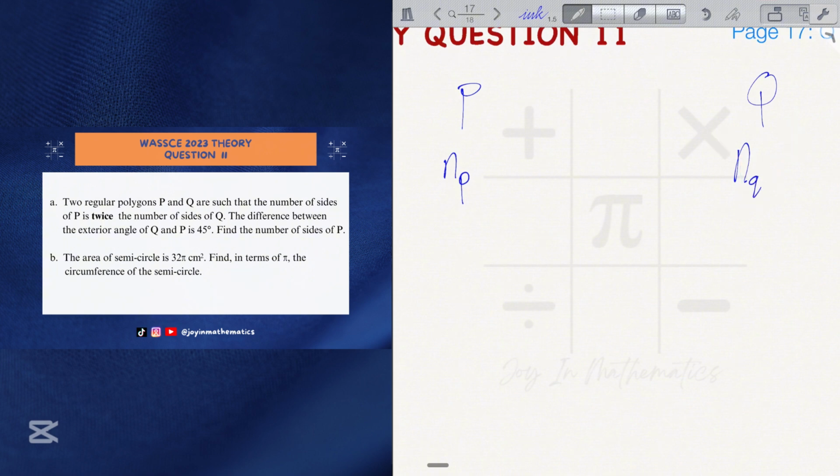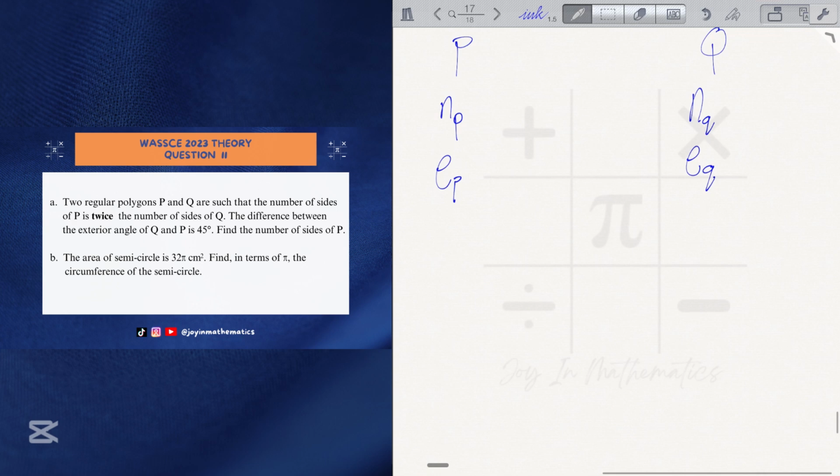Similarly, we have the exterior angle P and also the exterior angle Q. So we are given in the question that the number of sides of P, NP, is twice the number of sides of Q. That's NP is equal to 2 NQ. In the same vein, the difference between the exterior angle of Q, that's EQ, and P, that's EP, is equal to 45 degrees. The question asks us to find the number of sides NP.